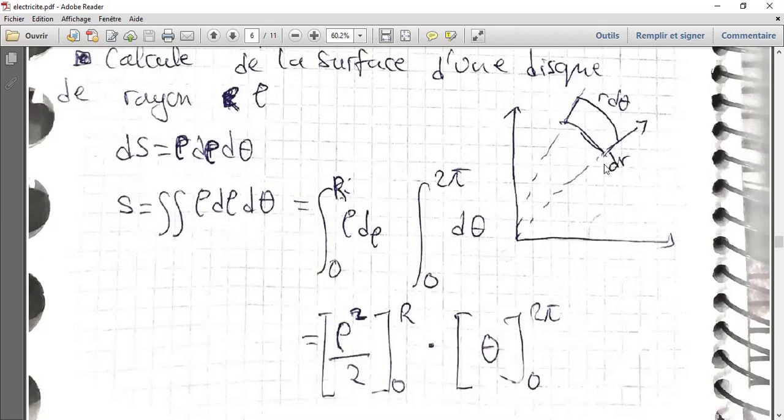If you check your diagram, as I said earlier when doing polar coordinates, if this is M and this is M prime, to reach M prime at this corner you first move along this arc, and the radius remains the same, which is rho.